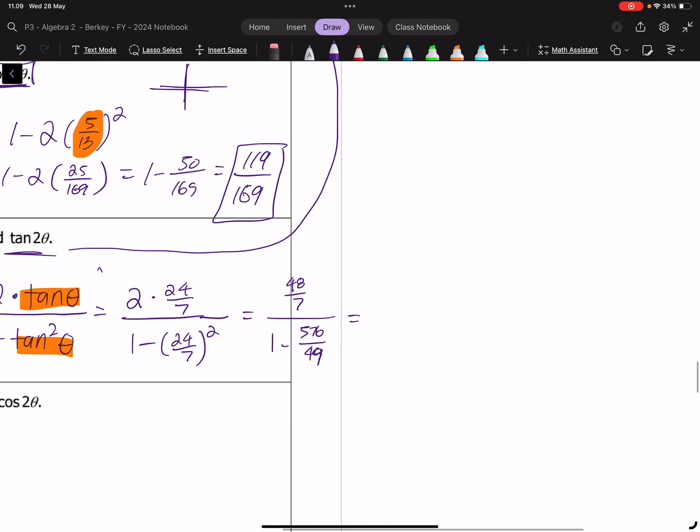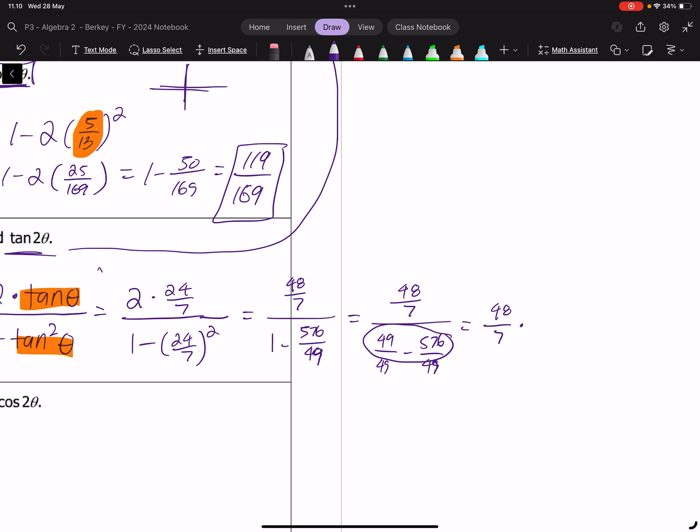And if you want to keep going here, you have to simplify the denominator. So it'd be 49 over 49 minus 576 over 49. And let's see, do we keep going here? Sure, let's keep going. So 48 over 7 times, now what I'm about to do is 576 minus 49, which is negative 527.